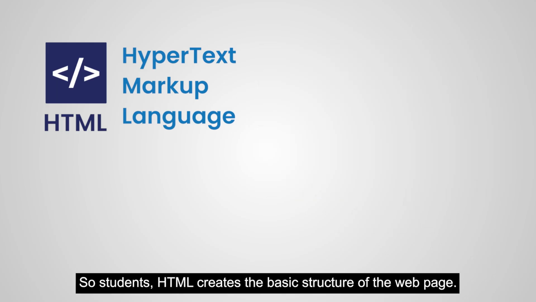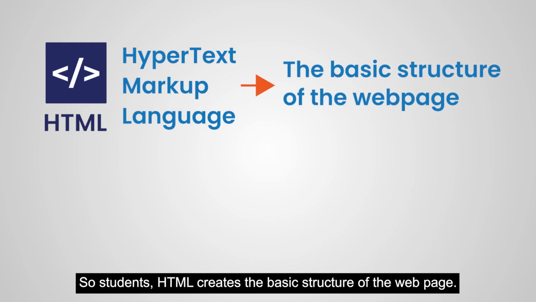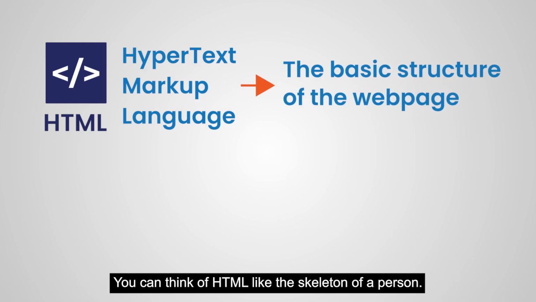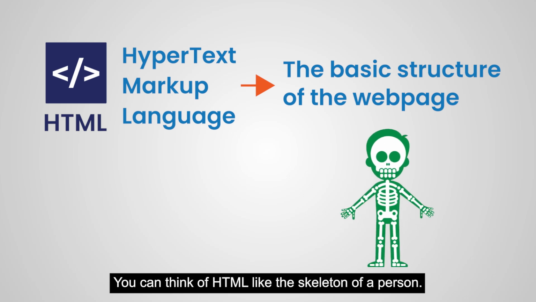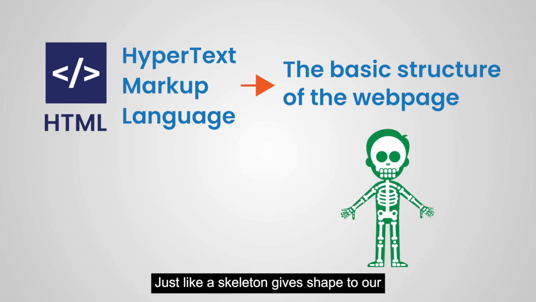So students, HTML creates the basic structure of the web page. You can think of HTML like the skeleton of a person. Just like a skeleton gives shape to our body, HTML gives structure to a web page.